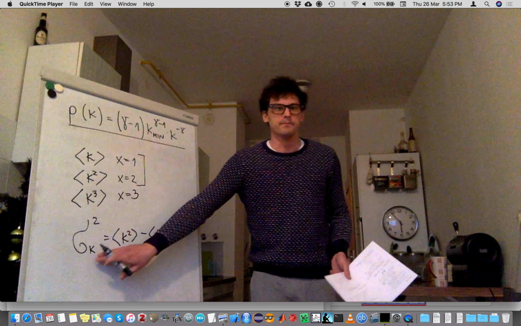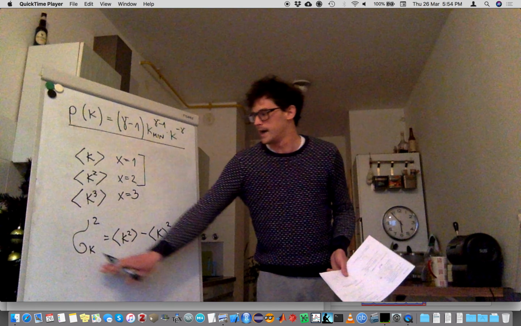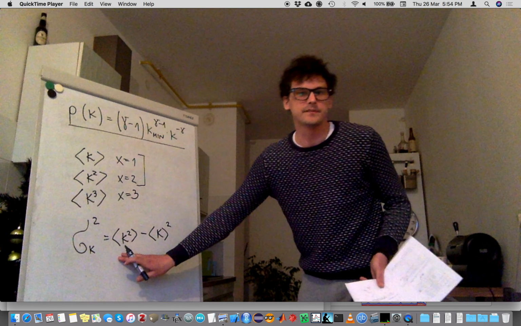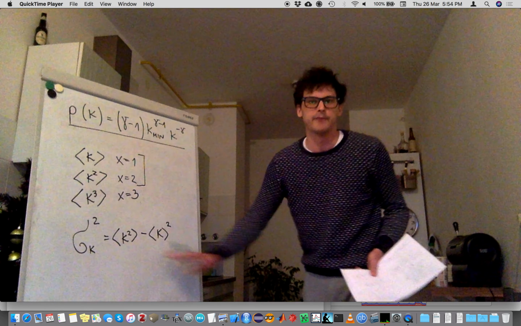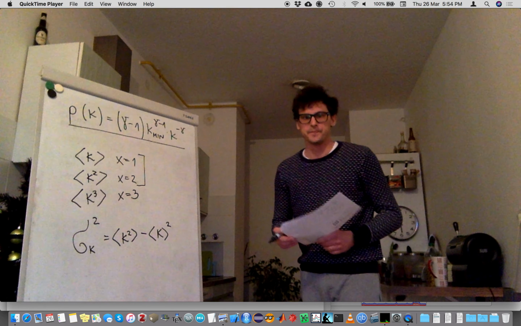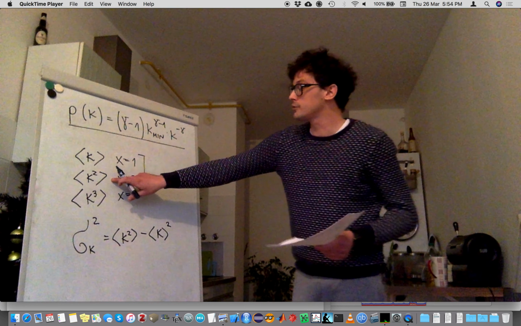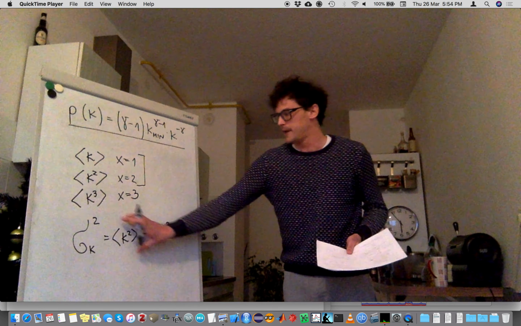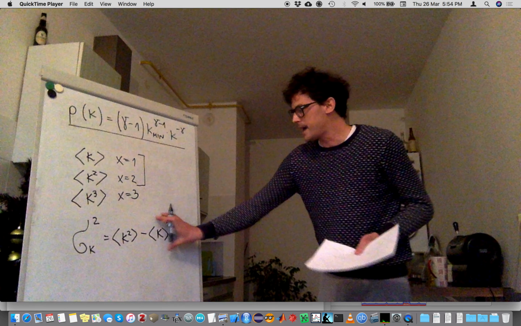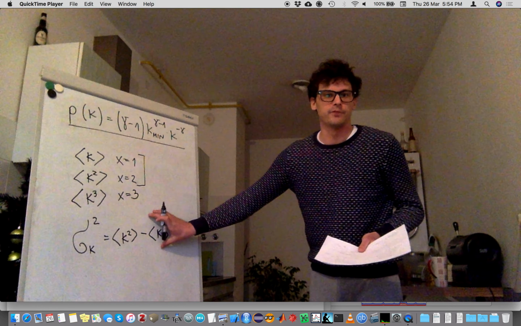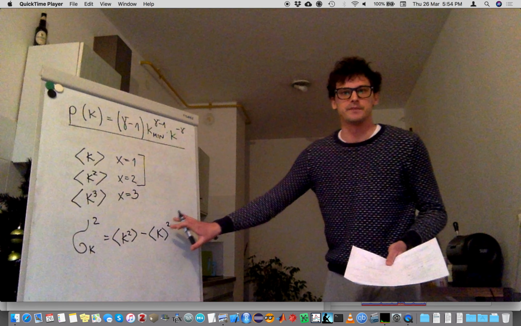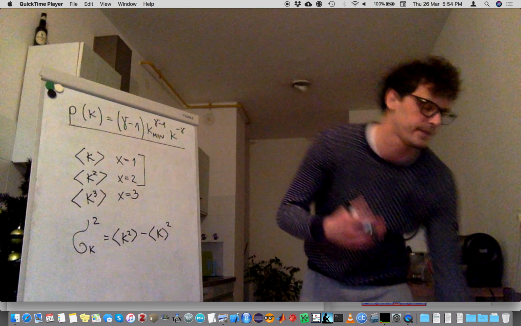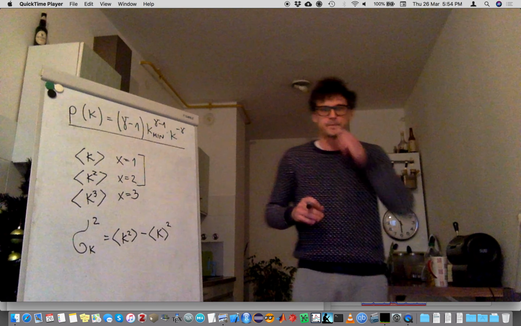You're probably more familiar with this formula: the variance of some random variable is the expected value of the square minus the square of the expected value. So going back to the second moment, you can see that the standard deviation is basically determined by the second moment minus the square of the first moment, which will usually be some modest number. So basically the second moment tells you something about the spread of the distribution.